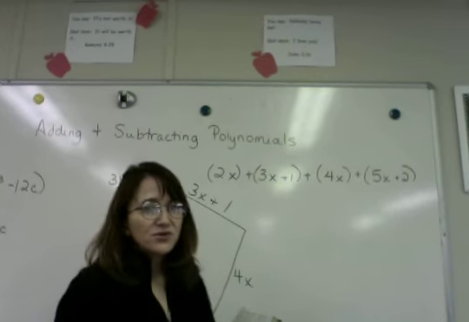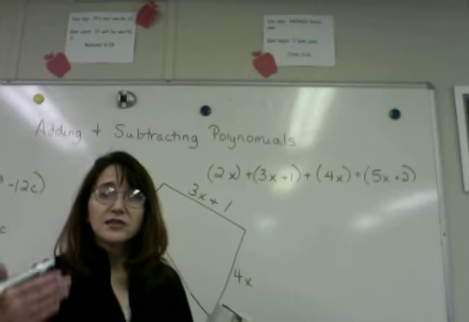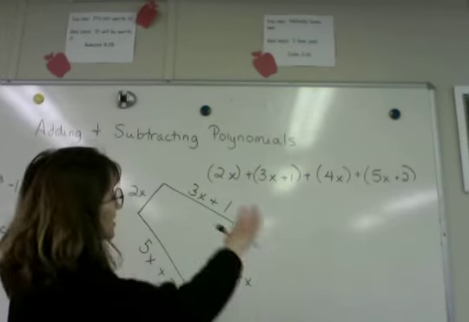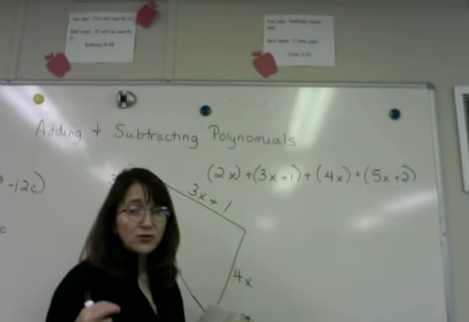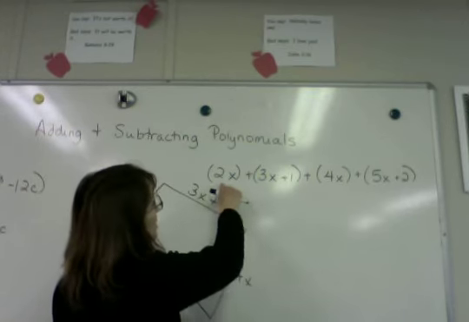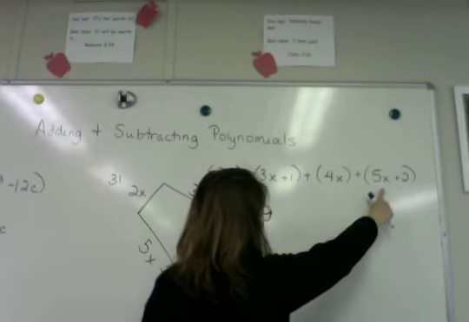So what do I do? I combine like terms. Going through here, my like terms are the x's and their coefficients. So I'm going to combine the 2x plus the 3x plus the 4x plus the 5x.